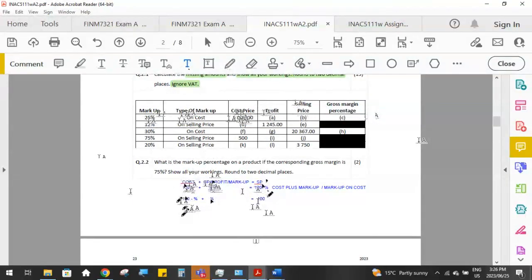So 25% of the 5,000 Rand is the profit or the markup, and 5,000 plus the profit will equal my selling. Remember here, we've got cost price plus profit equals selling price.